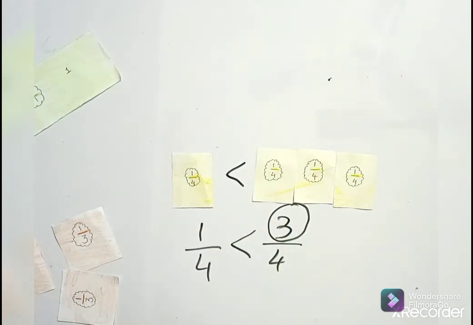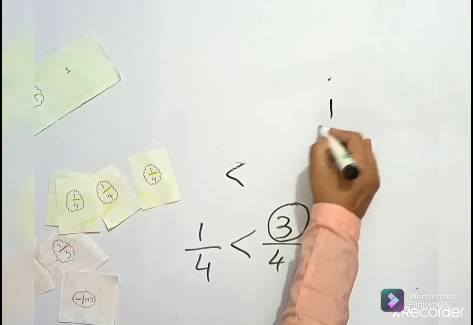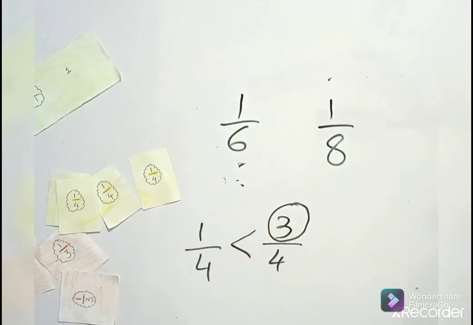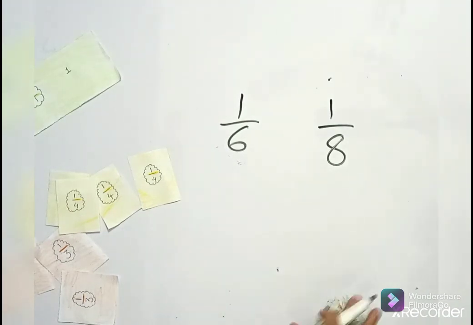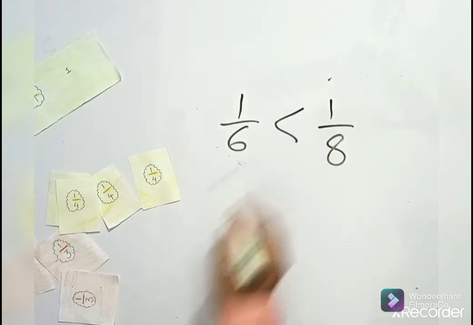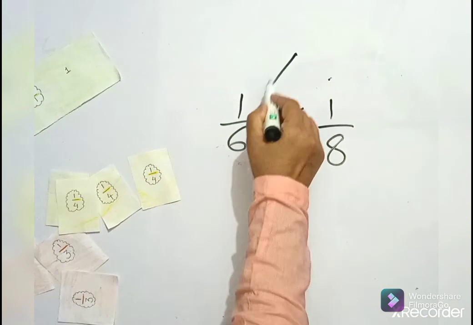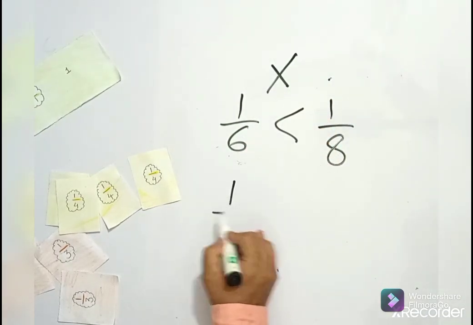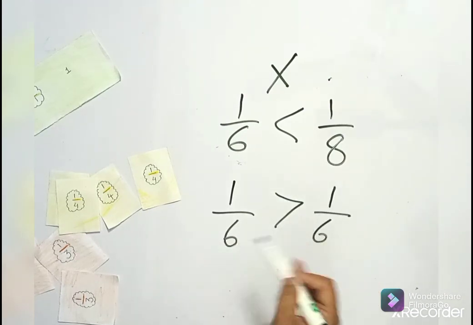This part is greater and this is smaller. But if you have different denominators, then what will you do? 1/8 and 1/6, which is greater? 1/8 is greater? No. Very good. It means I was wrong, because 1/8 is smaller. 1/6 is greater.